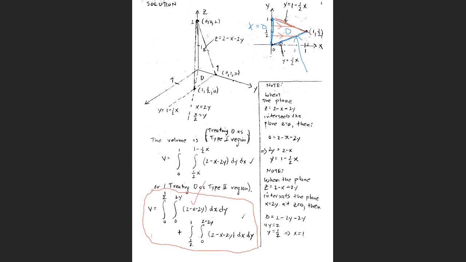The first double integral is going to correspond to the lower half of region D. And the second integral is going to correspond to the upper half of region D. Okay. Are there any questions so far?